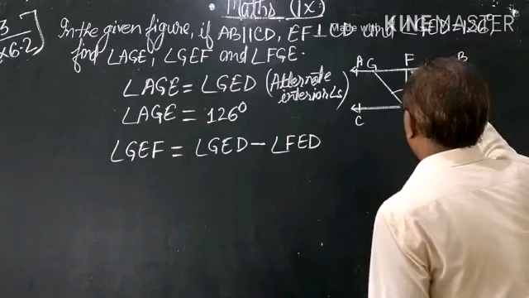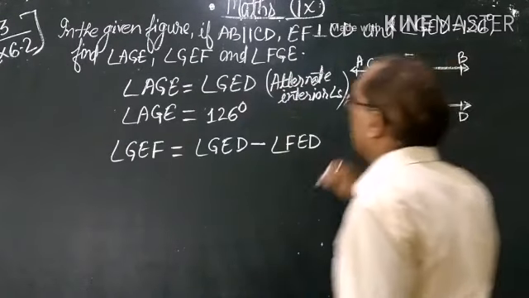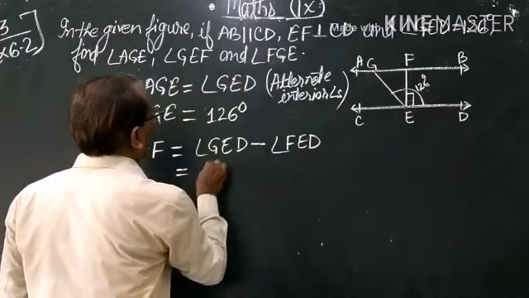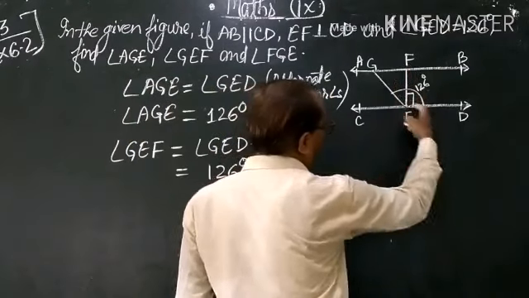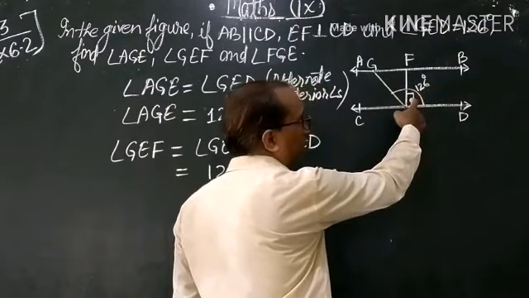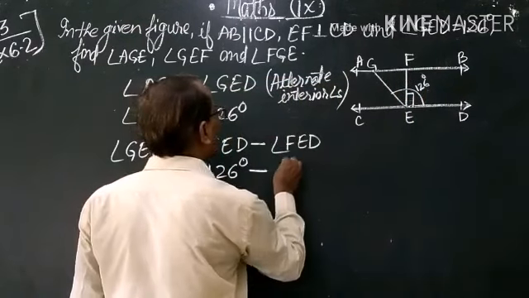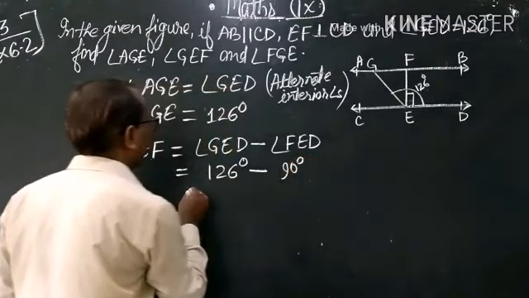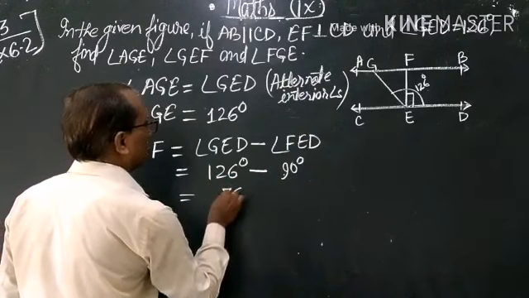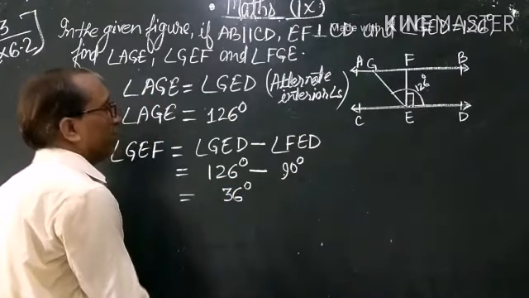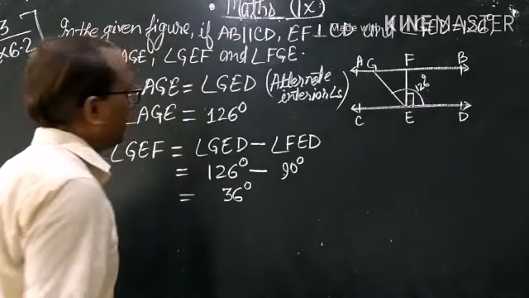Angle GED is equal to 126 degrees minus angle FED is equal to 90 degrees because EF is perpendicular to CD. This is 90 degrees. Then you get 126 minus 90, 36 degrees. Angle GEF is equal to 36 degrees.